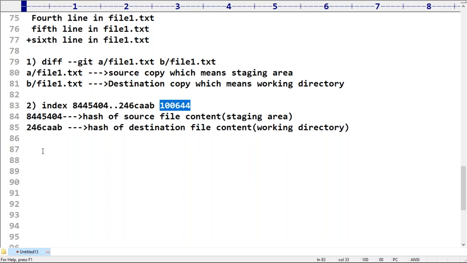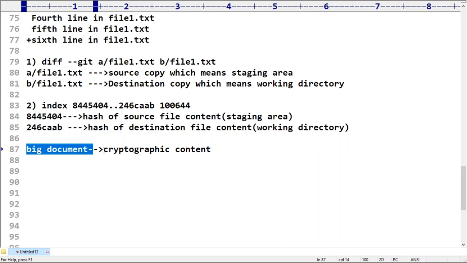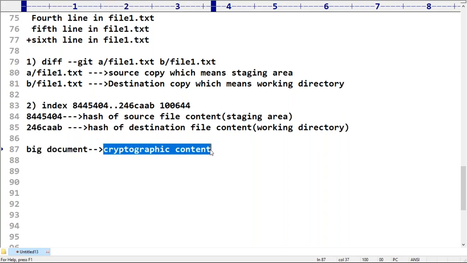Suppose I have a big document and I want to convert it into cryptographic equivalent content for security reasons. I don't want to save this document directly, so I want to save it in cryptographic form. Some hash function will be required. Now this cryptographic content is nothing but this one.